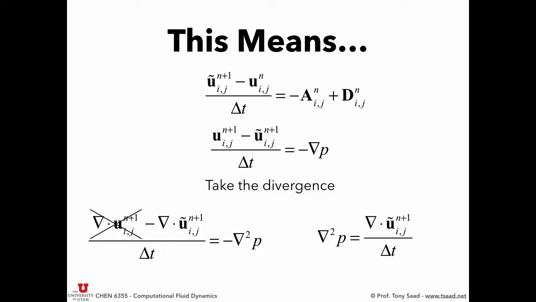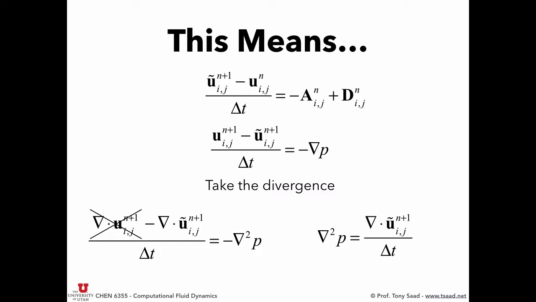We have u^(n+1) minus U tilde equals minus delta t grad P, and we have del squared P equal to div U tilde over delta t. So now the question is, is div u^(n+1) equal to 0?